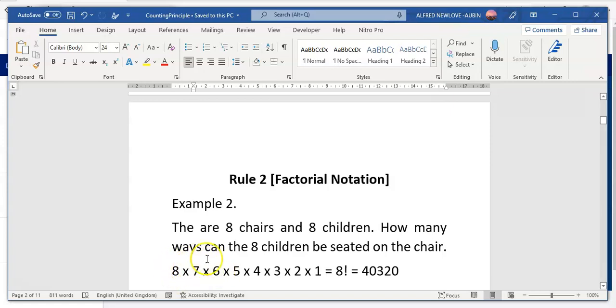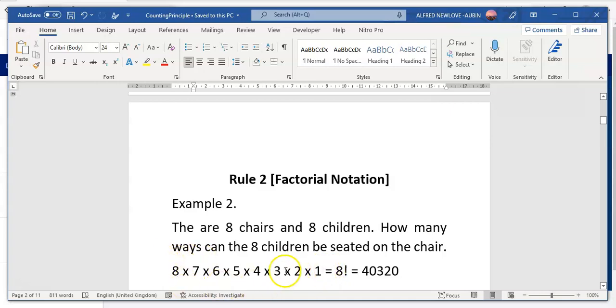So it moves like that. 2 spaces have been occupied now. It's left with the third space. It means 2 children have been used, so how many children are left? 6. Then it goes like that, up to the last one.